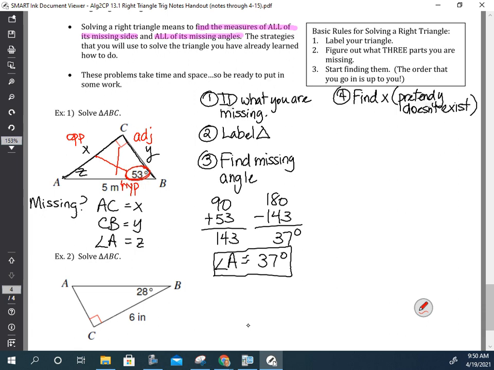So that means you only have the opposite and the hypotenuse. Why are we pretending that y doesn't exist? Because we don't want to look at 2 different letters at the same time. We don't want to look at x and y at the same time. So we're going to deal with x first, and then deal with y.